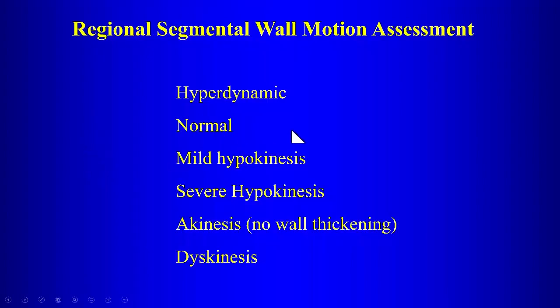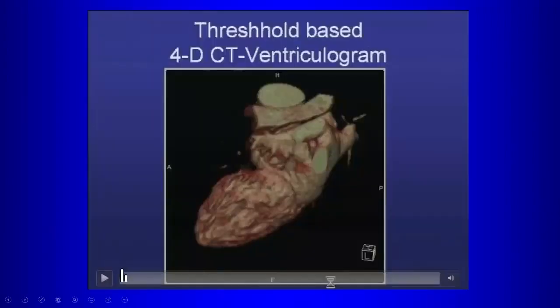Now, when we describe wall motion, these are the terms that we use: hyperdynamic, meaning it's more than normal, mild hypokinesis, severe hypokinesis, or akinesis, meaning it's not moving or there's no wall thickening, and dyskinesis if there's paradoxical motion, if the wall actually moves in the opposite direction that you would expect.